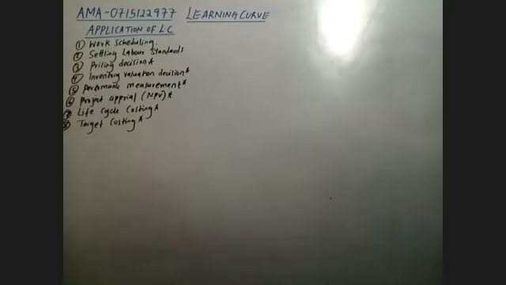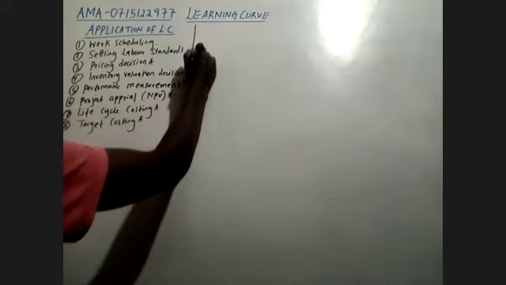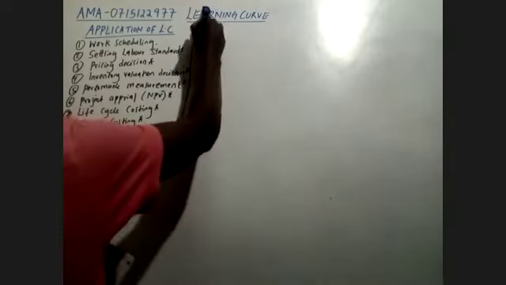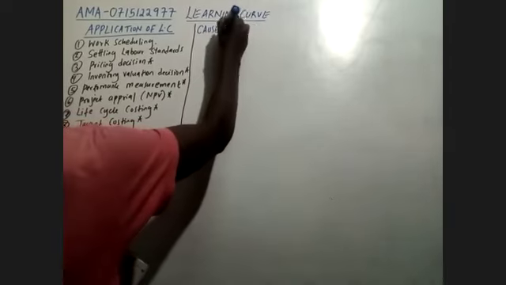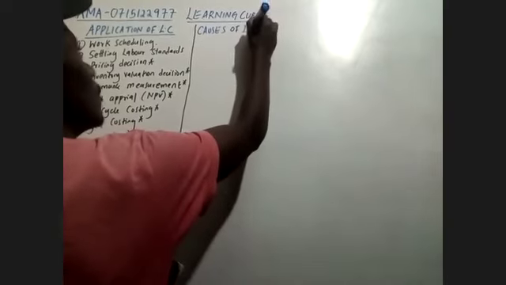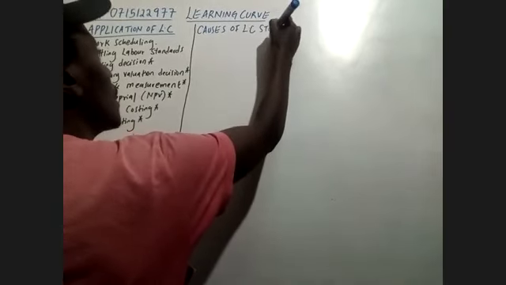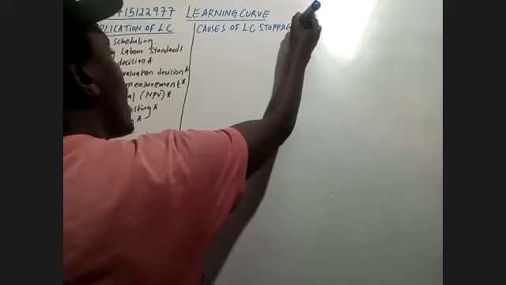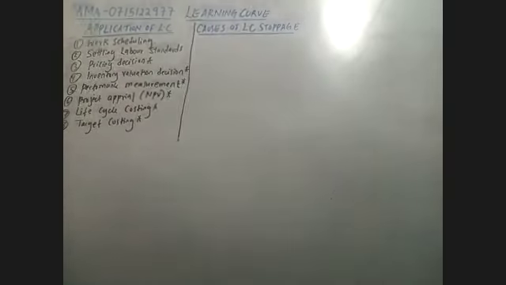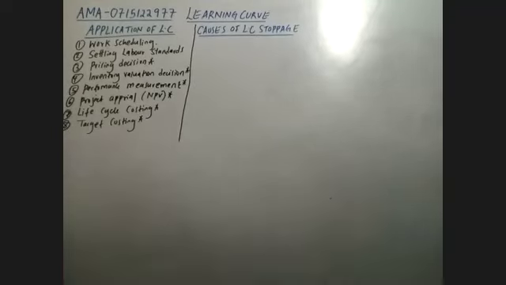Now let us see the causes first before we do the formulas. Causes of learning curve stoppage. What could make the learning curve stop?